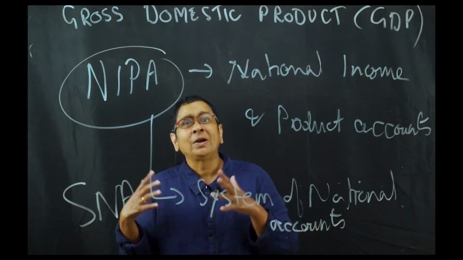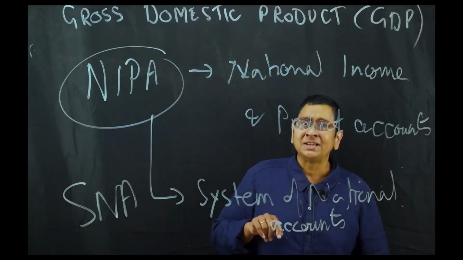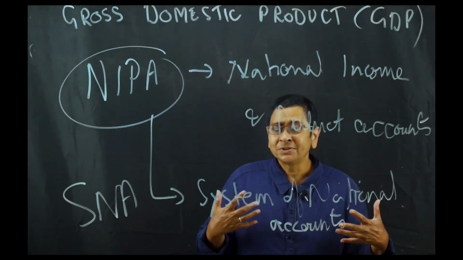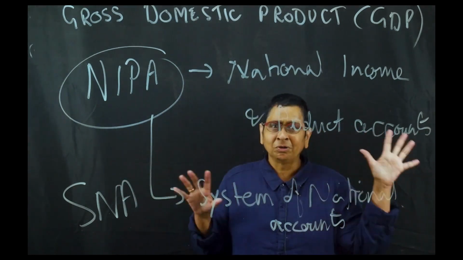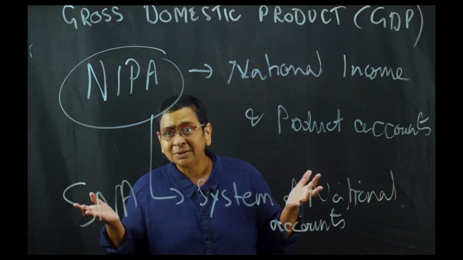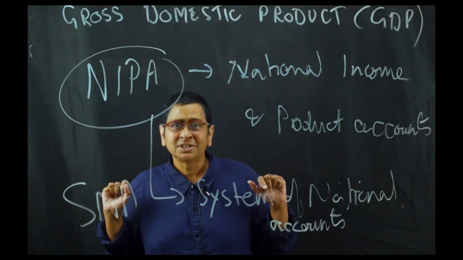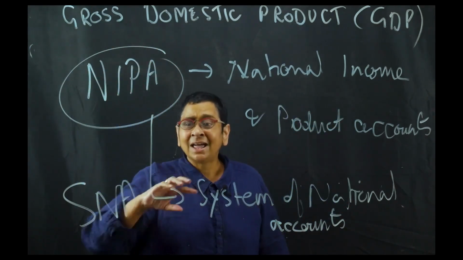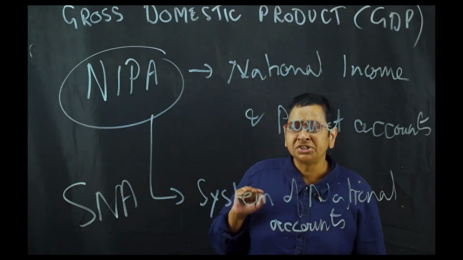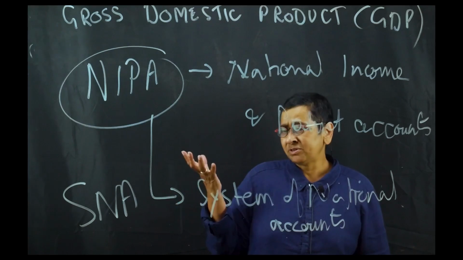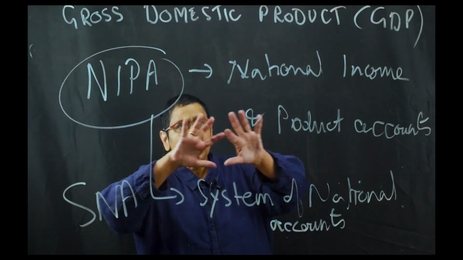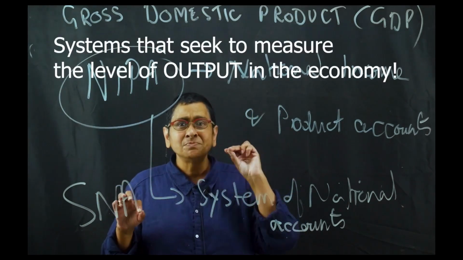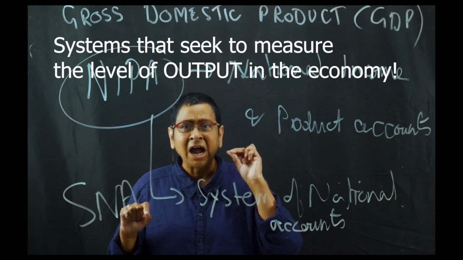And so the NIPA is pretty closely aligned with the SNA. And that's what allows us to make sure that we can compare countries. Because if everybody's using their own measurement and nobody's following the same system, you can't compare, right? So national income and product accounts is what is usually the terminology used within parts of the United States. This is aligned with SNA, which is the global terminology System of National Accounts, which is what you get from the United Nations.